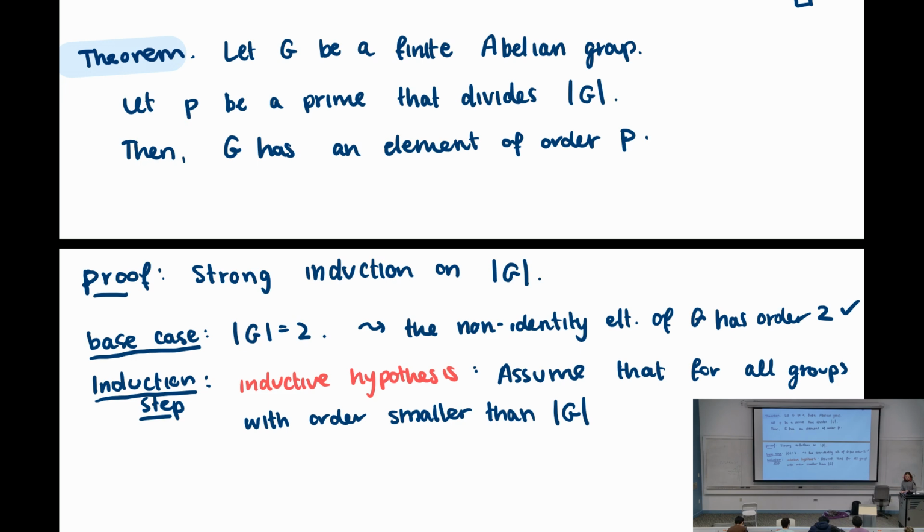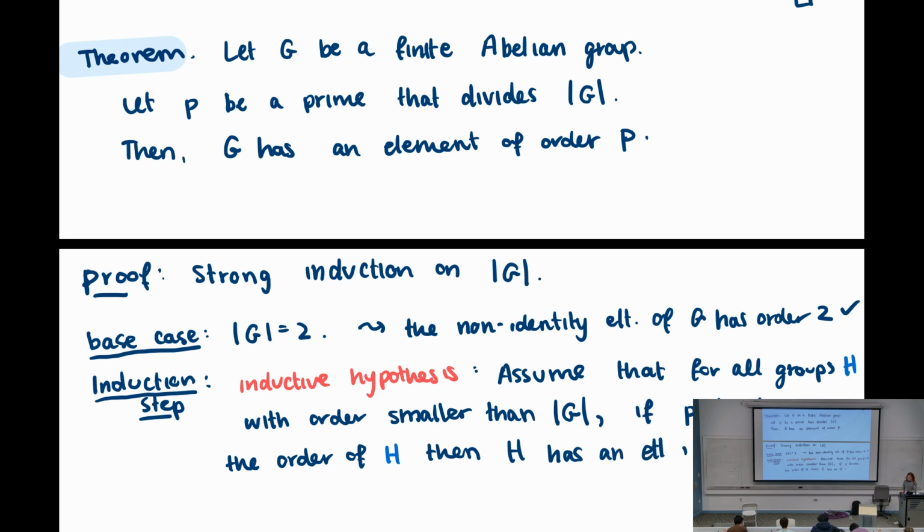So for all groups H with order smaller than G, if P is prime and P divides the order of H, then H has an element of order P. Okay, so this is our inductive hypothesis.